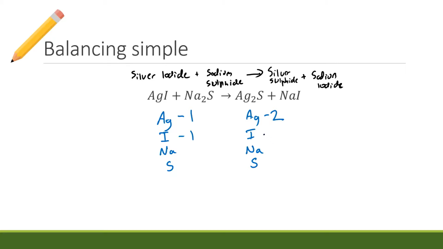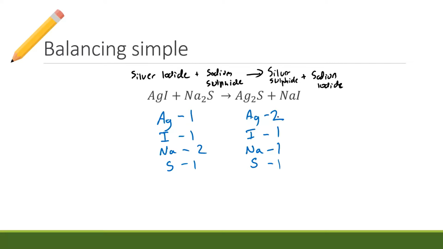And on the right? One. Sodium? Two. And on the right? One. And then sulfur. One on the left, and on the right? One. Never mind, I didn't see that.